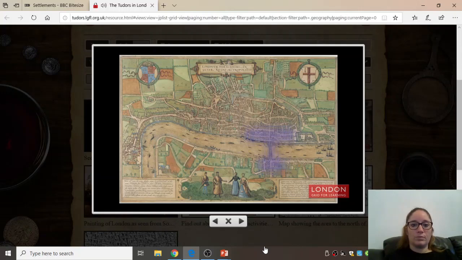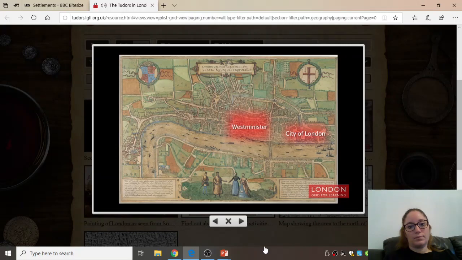So what a lot of people did, if they wanted to cross over the river, over the other parts of London, was that they, or maybe here, if they wanted to get across quickly, they would hire a small boat to cross over the river. Now, there are three main sections to Tudor London. You've got the City of London, which is inside the ancient city walls. You've got Westminster, where the King's palaces and the court were based.